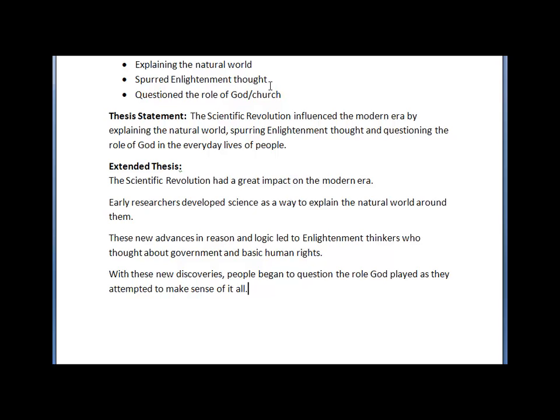Okay, so once again, not a whole lot more, but I'm explaining a little bit about questioning the role of God in church. They used these new discoveries, these new ideas. They began to question the role God played as they attempted to make sense of these new ideas and piece them together with the role God was going to play. So it's a little bit more involved of a statement.